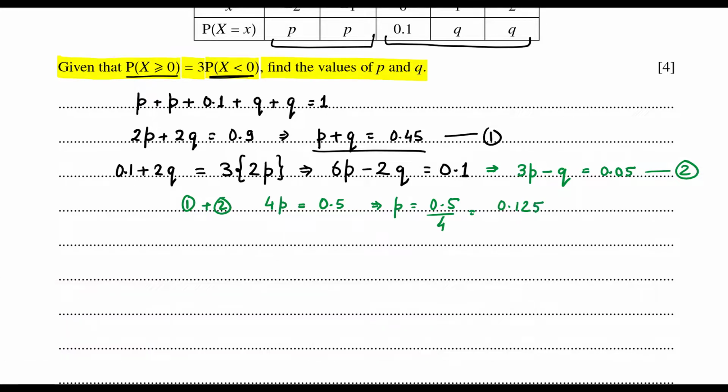So p is 0.125, and hence we can calculate q value from equation 1. It is 0.45 minus p, means 0.125. So we got q as 0.325 and p as 0.125. I hope it is clear. Let's discuss the next question now.